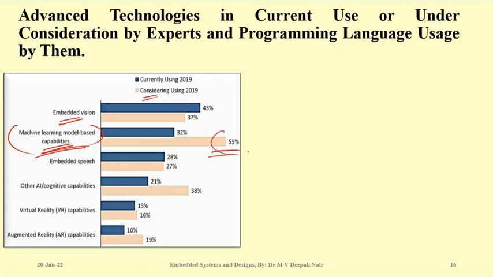See, 55% of engineers are planning to go into machine learning based capabilities using embedded systems. Of course, apart from that, AI and cognitive capabilities, virtual reality, video games and all, augmented reality, these are the hot topics of this coming era. So bringing the things that you do on the computer to an embedded system is what the market is demanding.